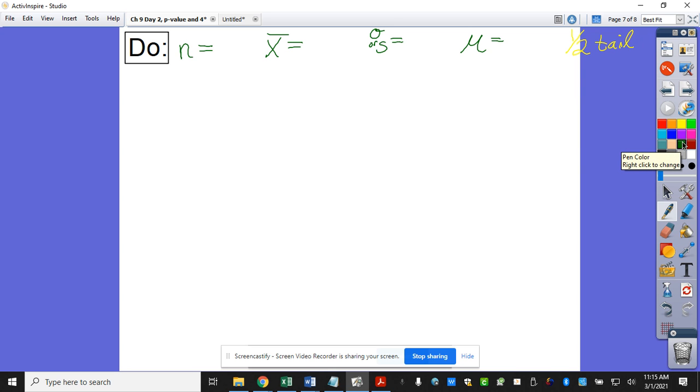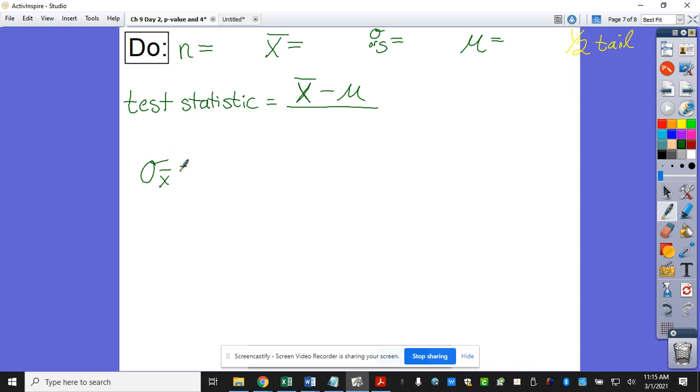All right, so we find a test statistic, which is basically finding Z. So we use x bar, our value minus our mean, divided by, how do we find the standard deviation for a sampling distribution of x bar?